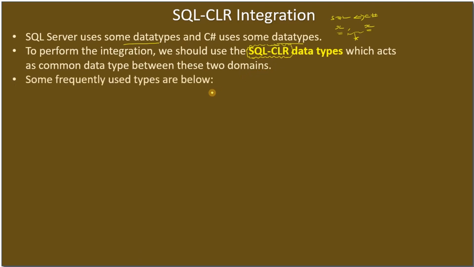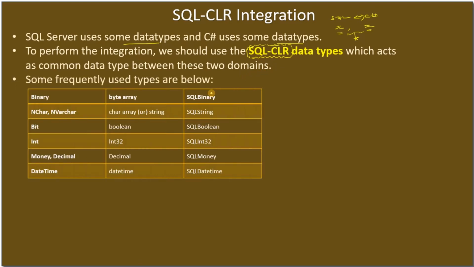Some frequently used types are listed below, and you can see, for example, binary. That's what we call it in the SQL domain, right? Binary. And in the C# domain, we will call this a byte array, right? And in the SQL-CLR, it is called SQL binary.